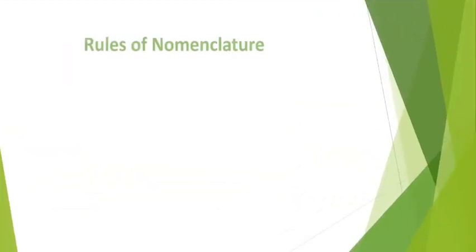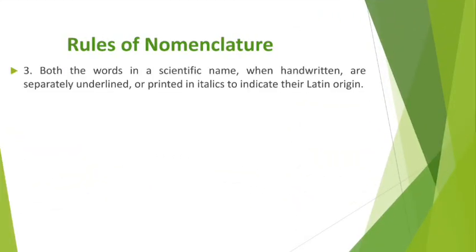Then my dear student, the third rule is: both the words in a scientific name, when handwritten, are separately underlined. Here in this video it is not handwritten, it is printed.